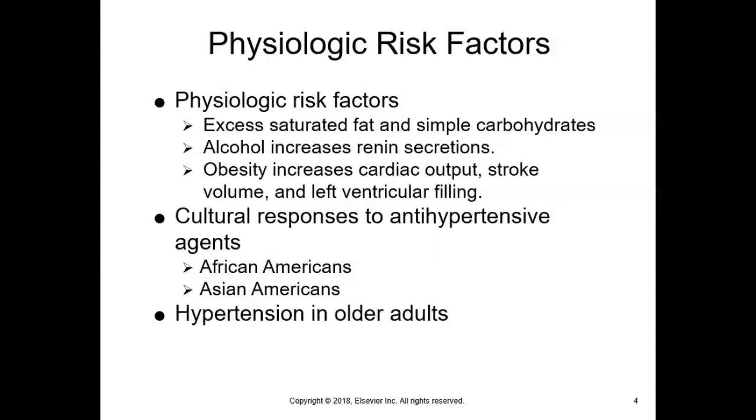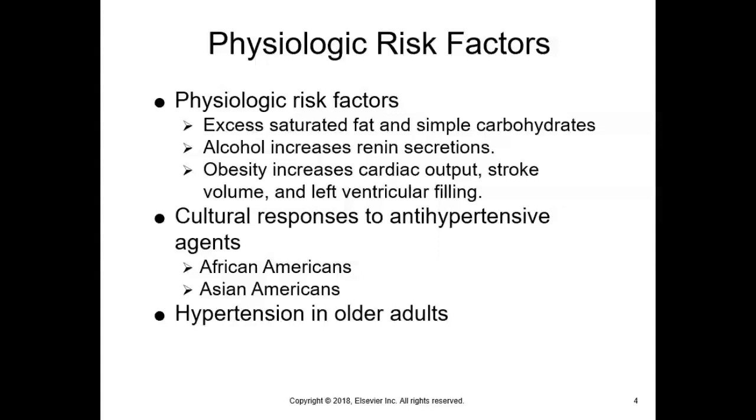African American patients do not respond to diuretics as the initial monotherapy, so mono being one, the one drug given, for controlling hypertension. These cultural differences you do need to be familiar with. So again, African Americans do not respond well to beta blockers, ACE inhibitors, or diuretics as monotherapy. Yes, they do respond well to alpha-1 blockers and calcium channel blockers.